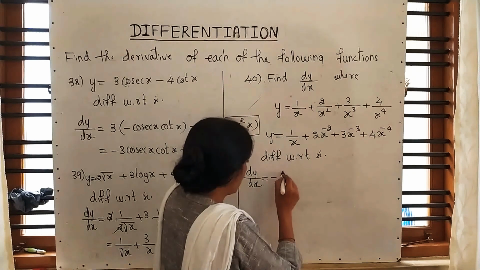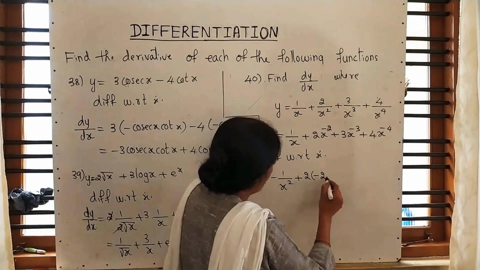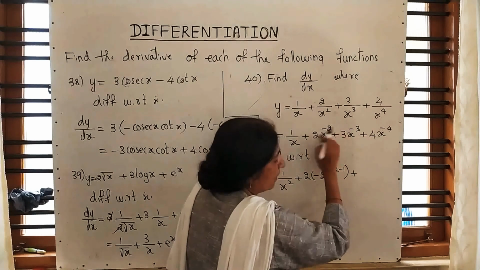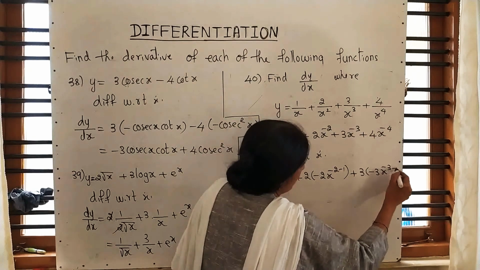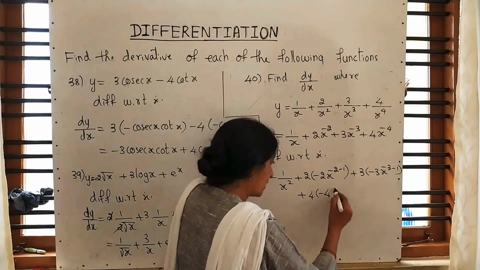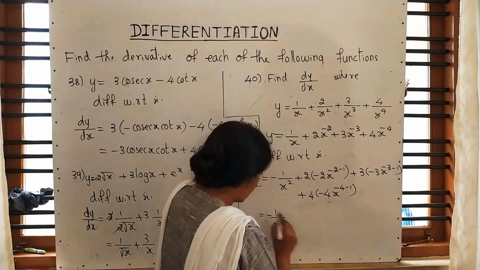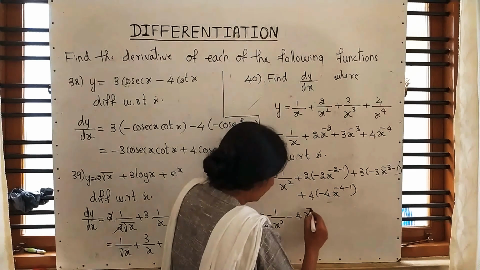Differentiation of 1 by x is minus 1 by x square plus 2 I kept as it is. Same formula whatever we did in the last, x raised to n. Because of negative I am writing each and every step. It is minus 4 x to the power minus 4 minus 1, plus into minus is minus 2 to the 4.